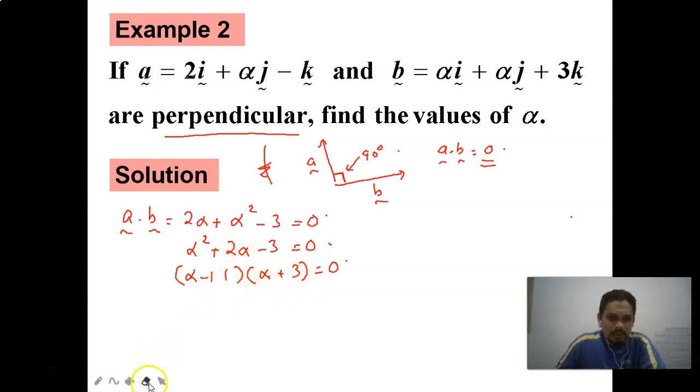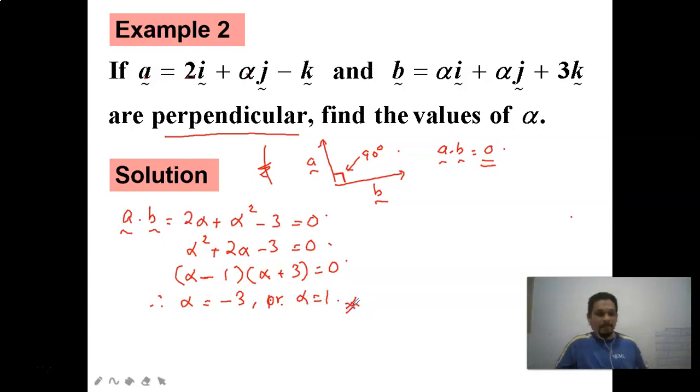So alpha minus 1 and alpha plus 3. Then the value of alpha equals negative 3 or alpha equals 1. There you go.